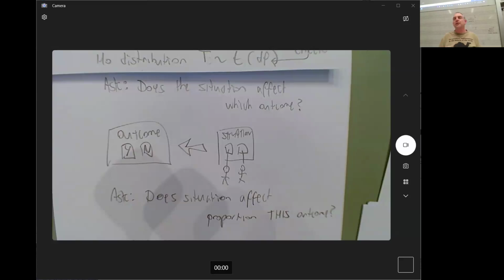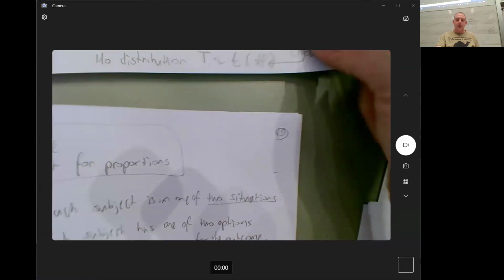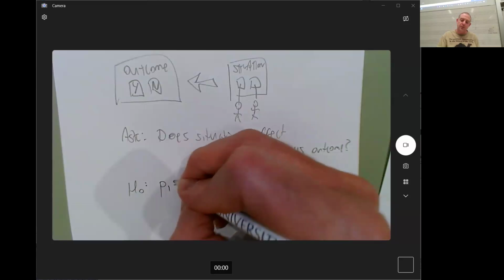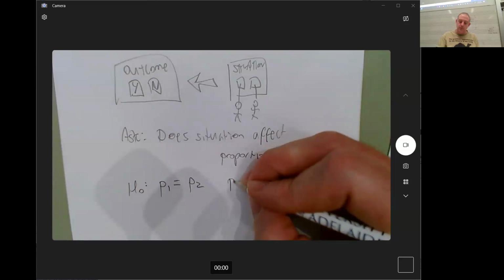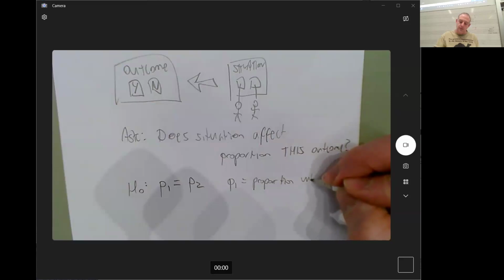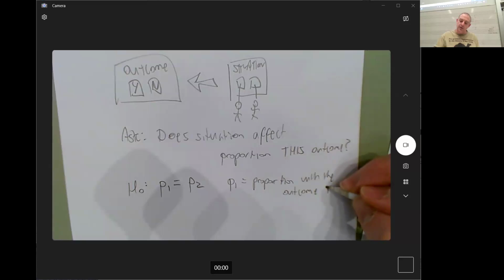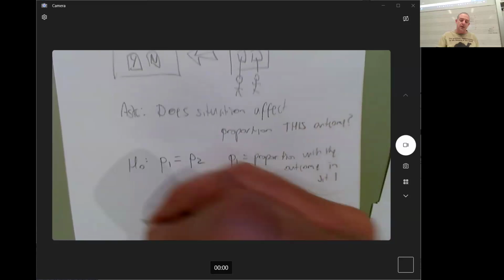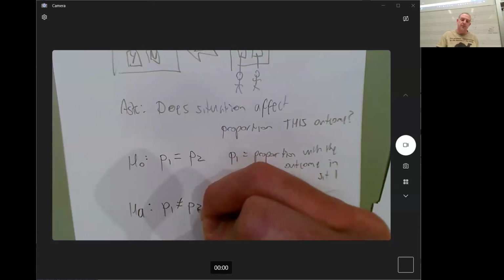So before it was volunteer work that we did. And this time you're testing, so your null hypothesis is that the proportion in situation 1 is equal to the proportion in situation 2. P1 is the proportion with the outcome in situation 1, and P2 is similar. And the alternative is that the proportions are not equal.